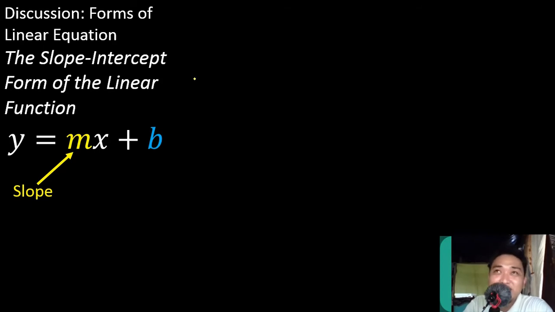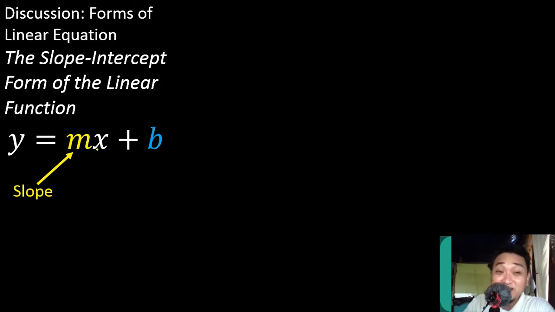Kaya nga importante na pagka nakakapag-transform tayo ng equation, or mahalaga sa atin na nakakapag-transform tayo ng linear equation, kasi doon natin nakikita agad yung slope. So given kunyari equations, let's say general form of equation, and then we want to know the exact slope, all we have to do is to transform that general form to slope-intercept form para lumabas yung kanyang slope.